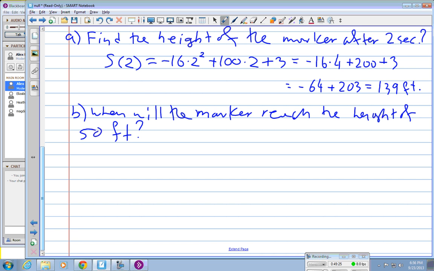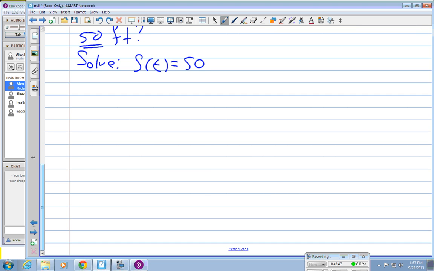And we're going to start solving our equation. We might get 2 solutions. And one of them will present how long it takes to get to 50 feet on the way up, and the other one, how long it takes to get to 50 feet on the way down. But all it says is that your height is 50 feet. So we need to solve this equation. Our function equals 50.